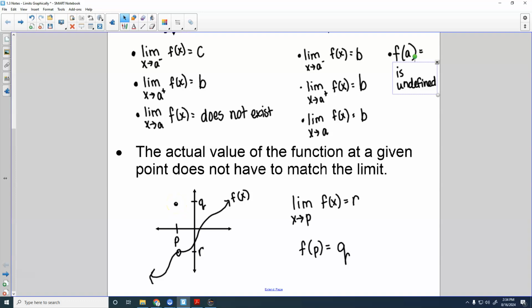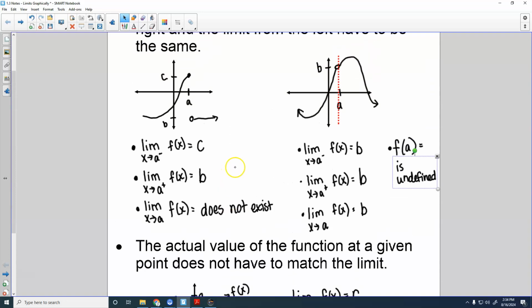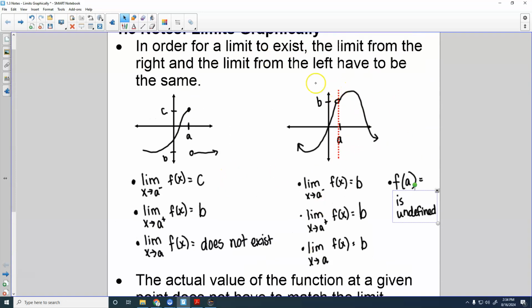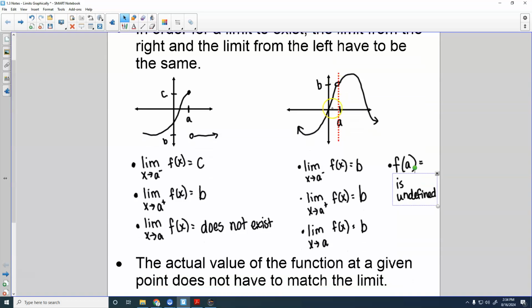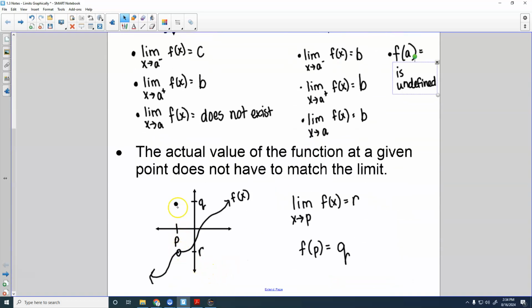If you said undefined, in this one it would be undefined because there's no other dot anywhere else. But down here on the bottom, there is another dot, so it is defined, but it's still not continuous because that dot doesn't fill that hole.